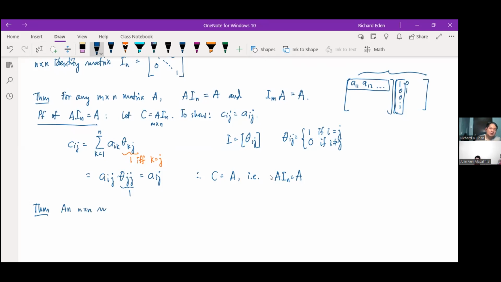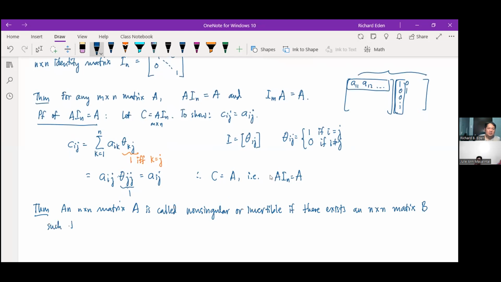An n by n matrix A is called non-singular or invertible if there exists an n by n matrix B such that AB equals BA equals I sub n.